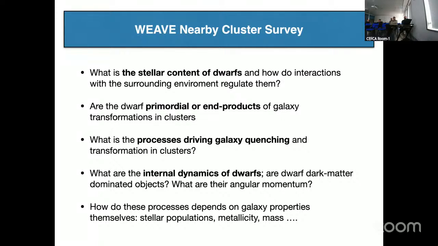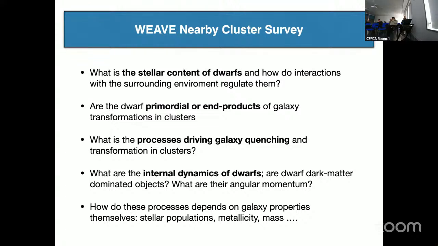The scientific question that we want to answer with these clusters is about the stellar population content of the dwarfs: how does interaction with the surrounding environment regulate them, and are the dwarfs primordial or end products of galaxy transformation in galaxy clusters, pre-processing.